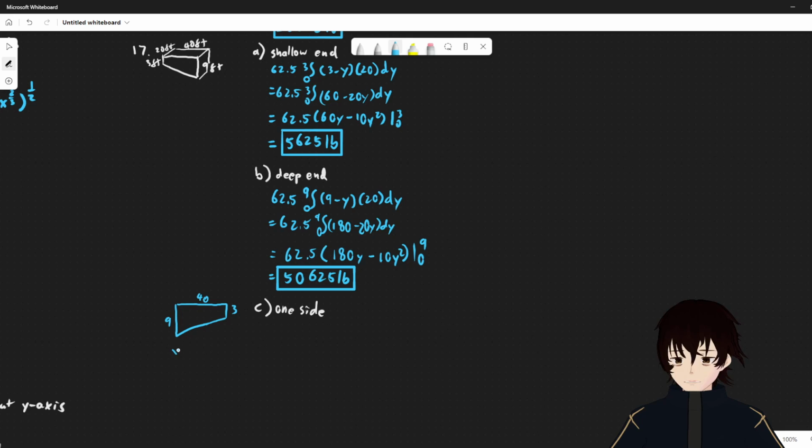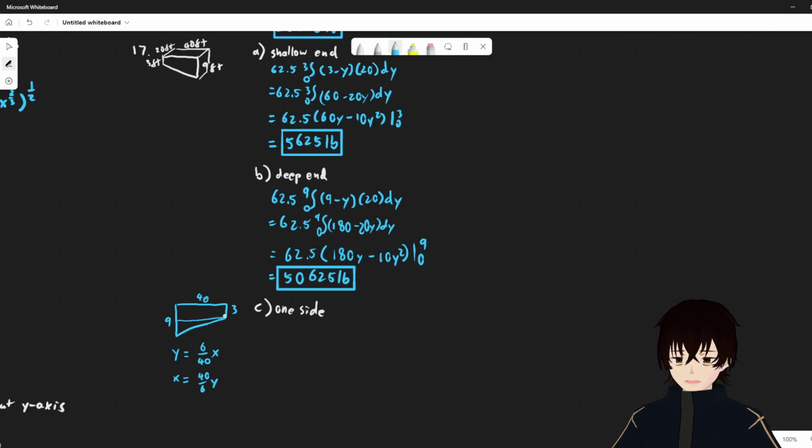So y is equal to, what's the slope of this? 6 over 40 x. Okay. So x is equal to 40 over 6 y.